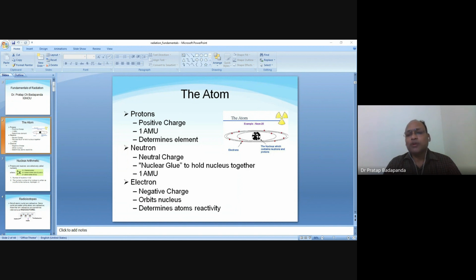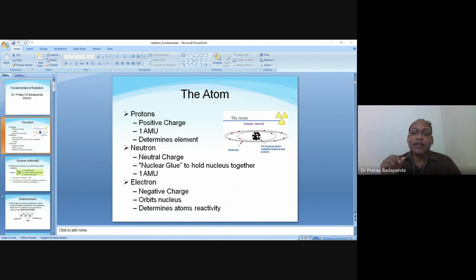Okay. Now the other fundamental particle, the neutron. The neutron is neutral in nature. It doesn't contain any charge, meaning it is neither deflected nor attracted by a magnetic field. It contributes mass.